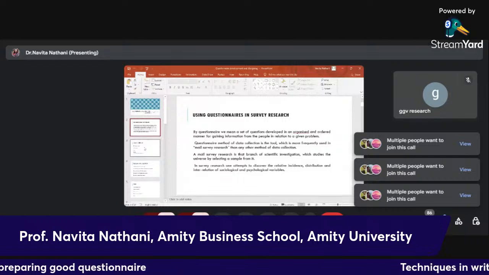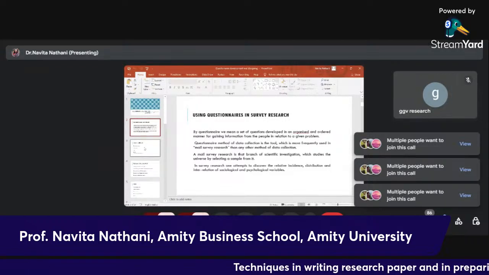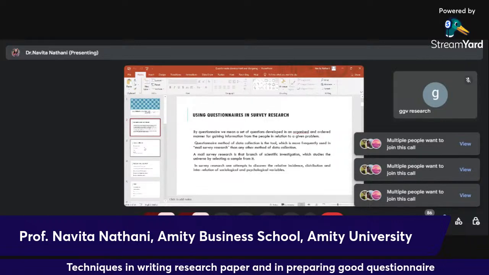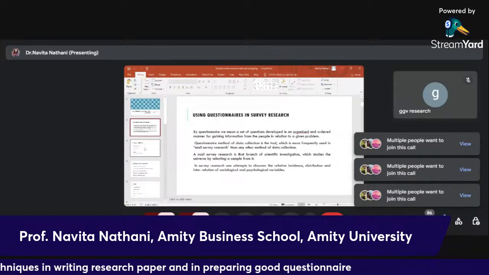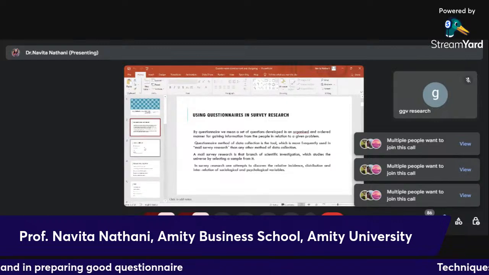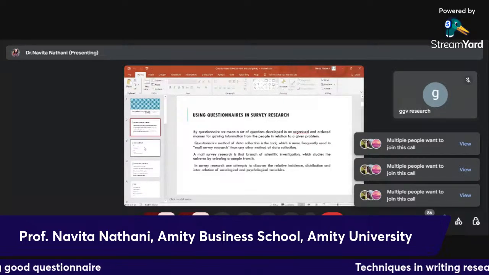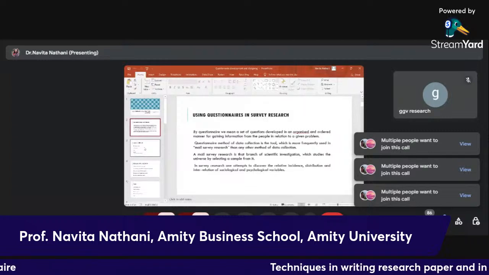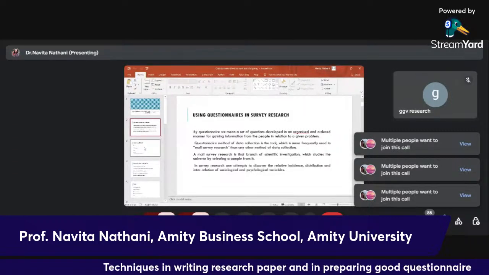So, questionnaire. What is a questionnaire? It's a method for data collection by which we can collect the data. And normally we are using mail surveys nowadays. People are making their Google Forms, preparing that questionnaire link and sending it everywhere. So now collecting the data is quite easier for us.